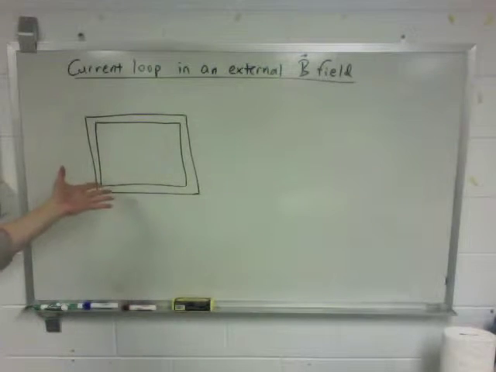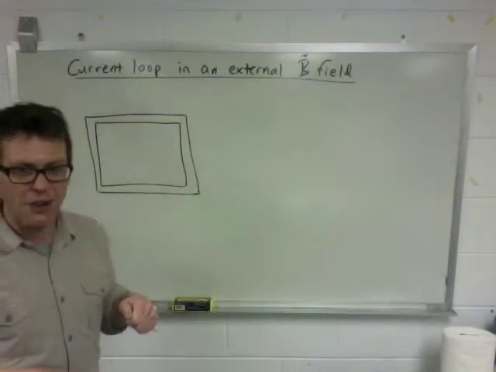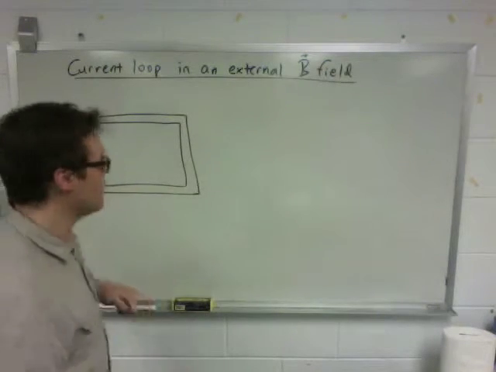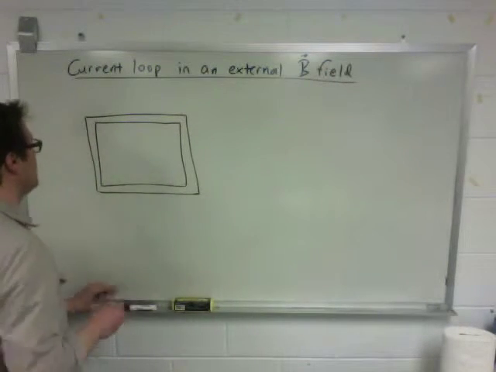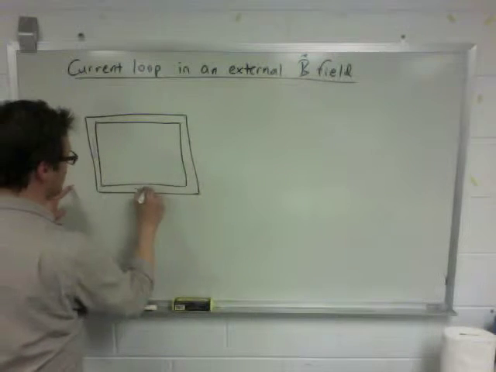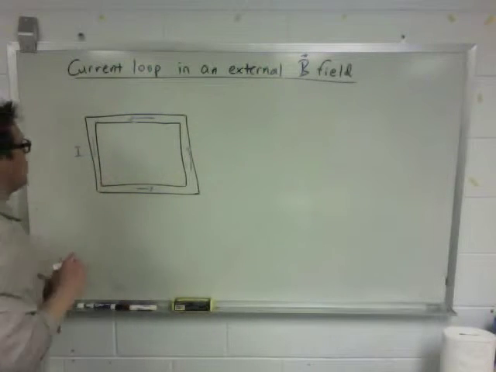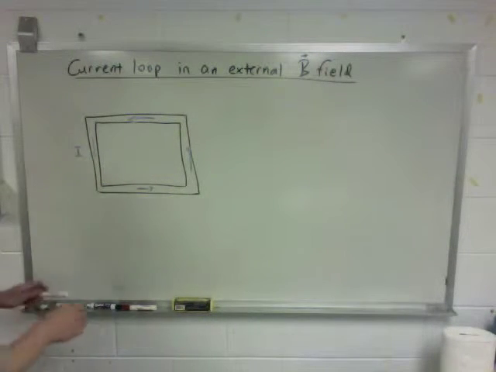Now, attached to this loop of wire, I haven't drawn it, but attached to this loop of wire must be some sort of battery, not pictured here, which is causing a current to flow, say, this way, counterclockwise. So let's say I have a counterclockwise current I flowing through my loop.